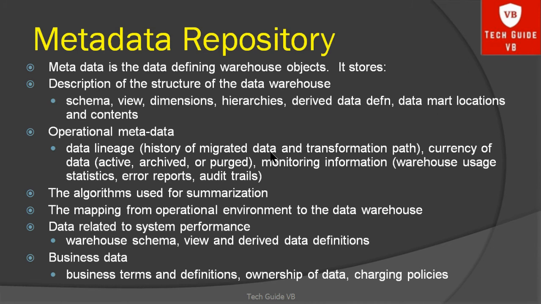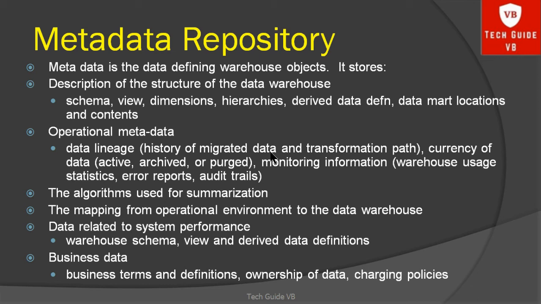Then the metadata repository. As you know, every table or every database has its metadata. What is metadata? Metadata is data about data. So we store the metadata in the relational database, and also in the data warehouse. The metadata repository is a very important concept. Metadata is the data defining warehouse objects.